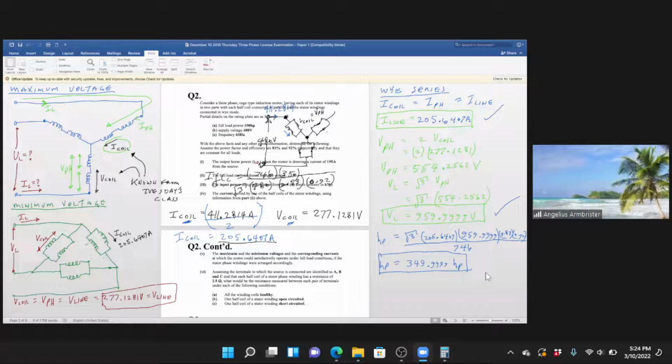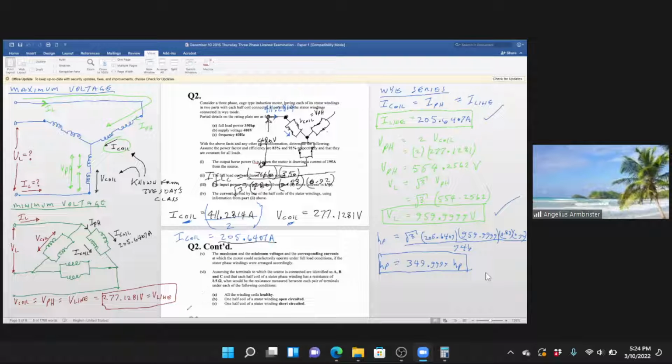And this is the same current here. This is I coil. So if both of these currents are the same and I add them together, I will get this current here, which is I phase. And if I have the phase current, I can multiply by root 3 and get the line current.